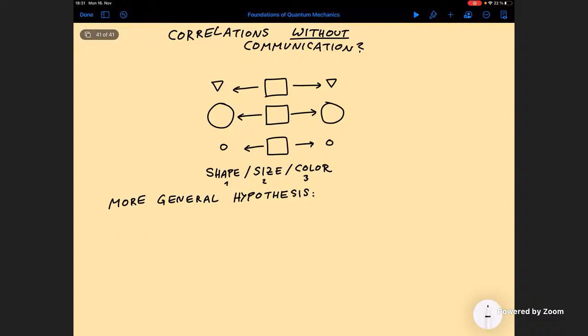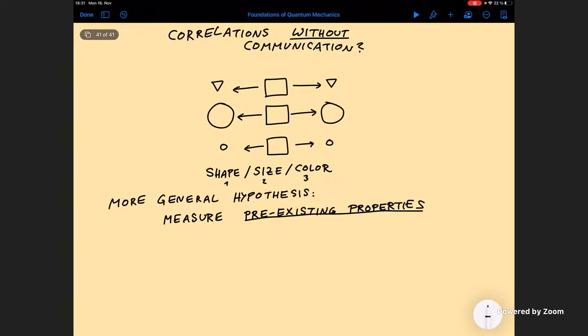What our apparatuses do, according to this hypothesis, is that they are measuring properties, we could say pre-existing properties of these objects, and that these properties then are correlated, because they have been correlated already from the start.